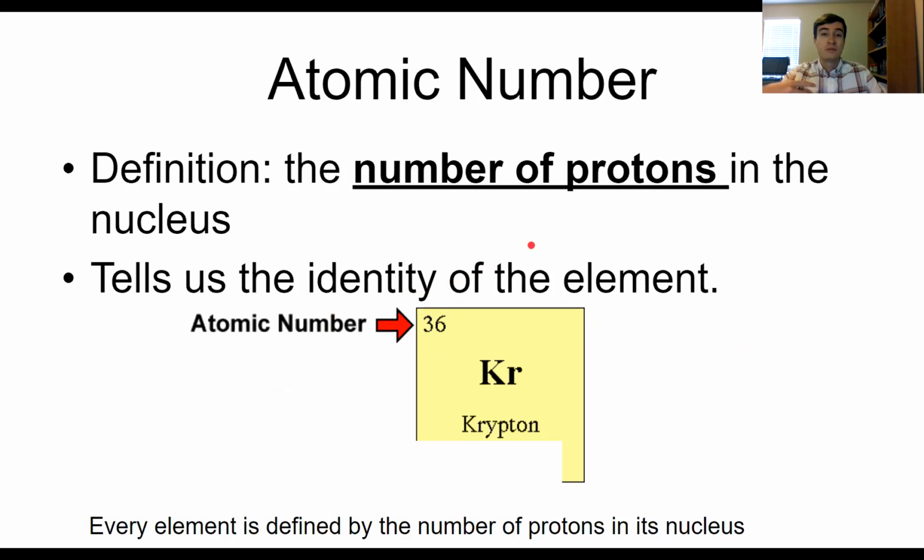So if you want to know for each element how many protons they've got, just look at that number up top. Depending on which table you're looking at, maybe it'll be in the top left, maybe the top right, maybe front and center, right in the middle, but it almost always will be somewhere on the top of that box. So protons, atomic number, same thing.